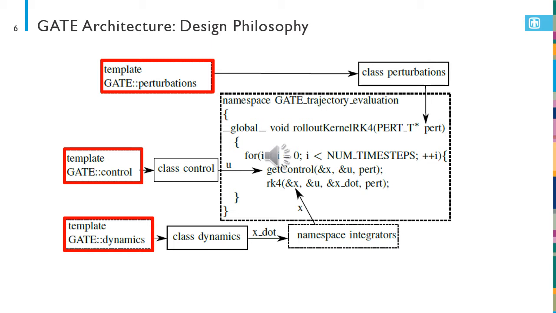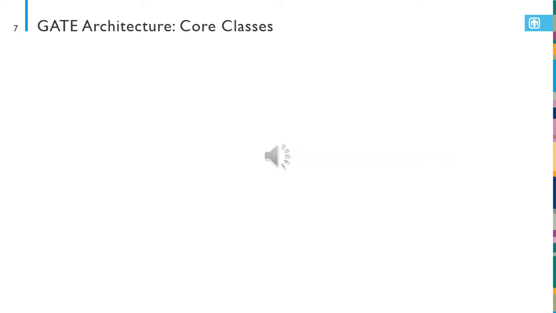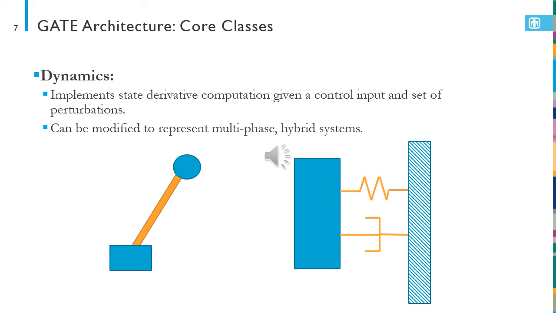This namespace is also extensible for users that would like to implement other integration schemes. Dynamics implements a state derivative computation given a control input and set of perturbations. This can be modified to represent multi-phase hybrid systems, such as systems with contact dynamics.